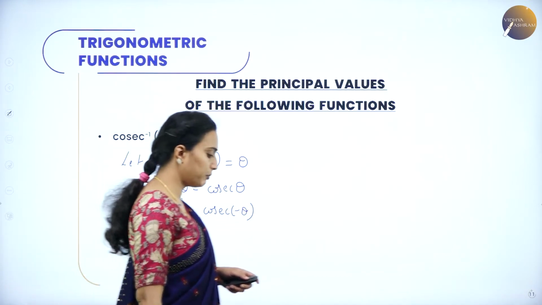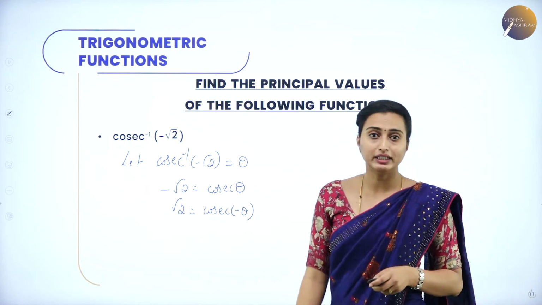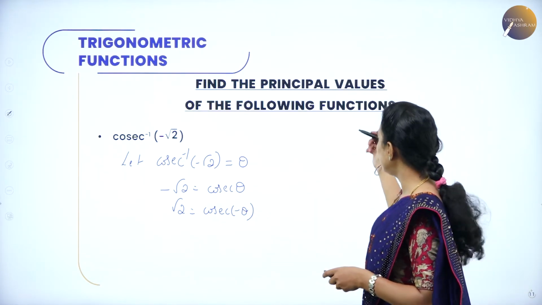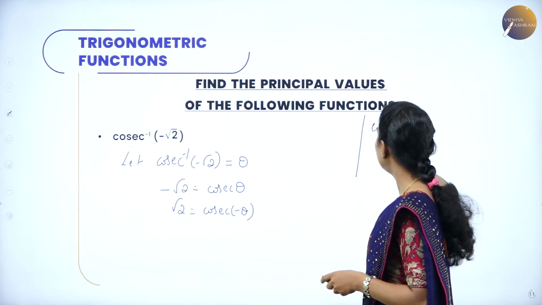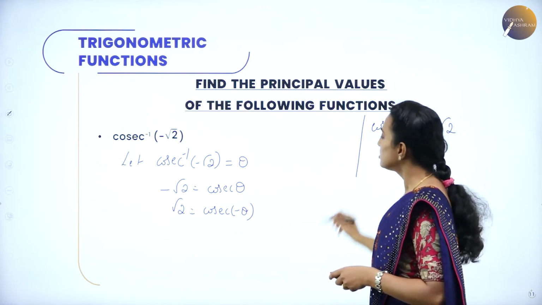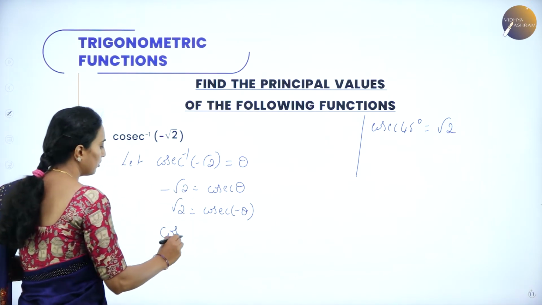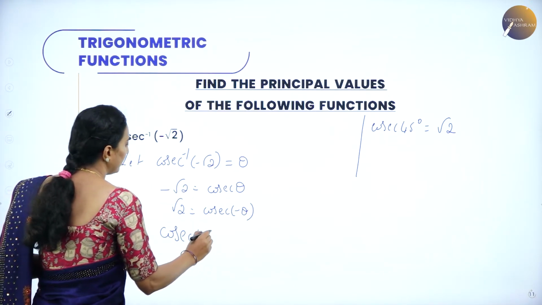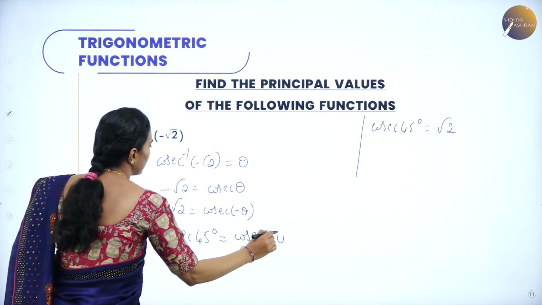At what value does it become root 2? At 45 degree. Therefore, I can write cosecant 45 degree is nothing but root 2. Correct na? So I substitute: cosecant 45 degree is equal to cosecant of minus theta.